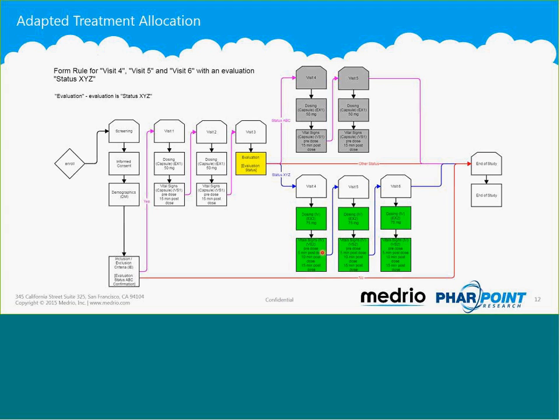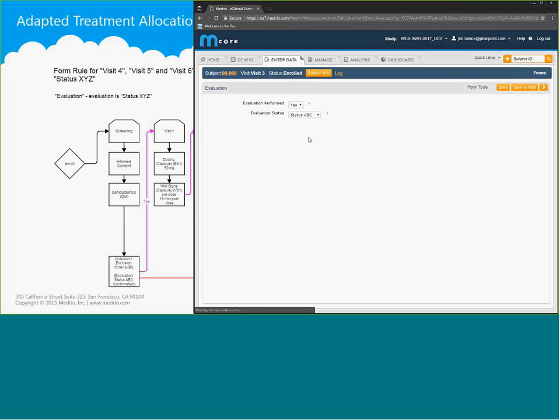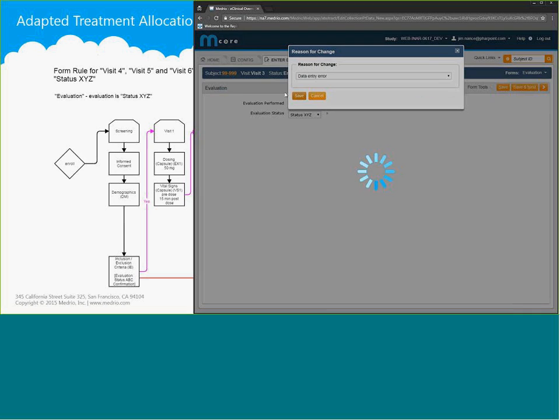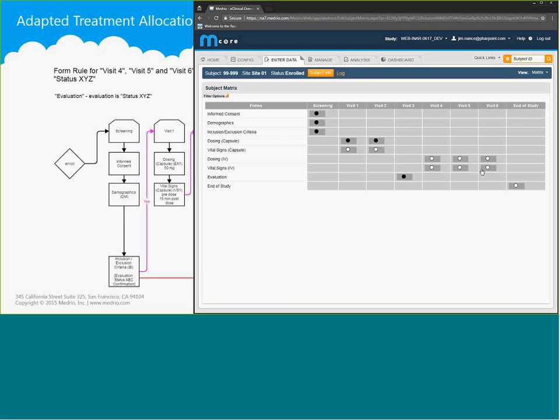And we can see that for vitals, additional time points are involved. Instead of just a pre-dose and a 15, we've got a pre, 5, 10, and 15. We'll say it's actually a status of XYZ. Yes, now we switch gears. We're on 4, 5, 6 IV and vital signs.